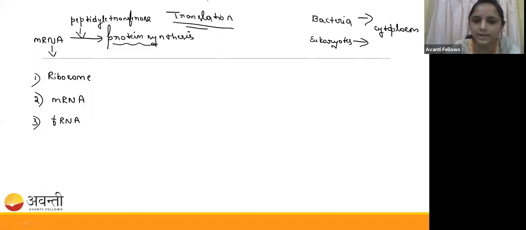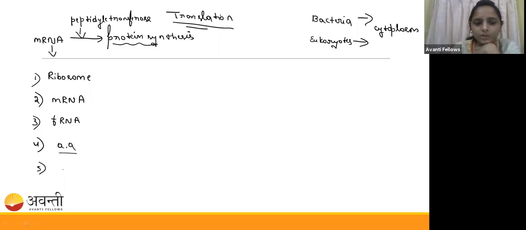What other things do we require, guys? Tell me. We require amino acids, right? Then what do we require? In the ribosome, the enzyme will be there, along with mRNA, tRNA, and the amino acids.